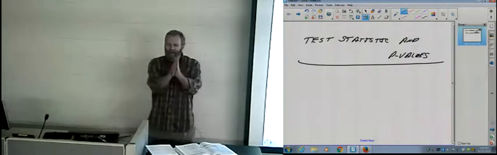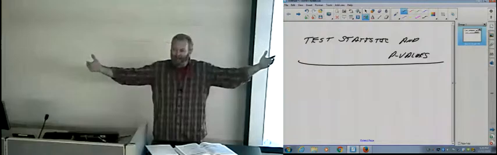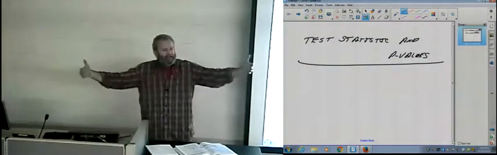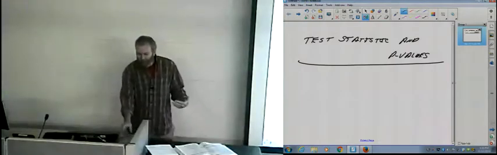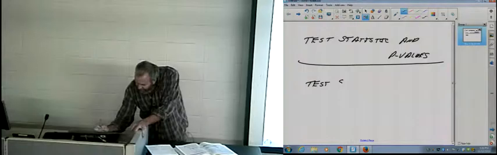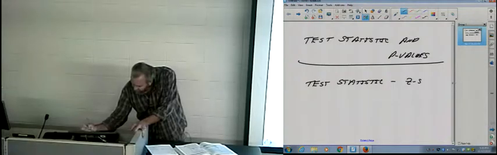So it's telling you where that sampling distribution is centered. This test statistic is telling you how far out the tail your x-bar is, how far away from that center it is. Again, as simple as I can make it, it's a z-score that we've already calculated. We know how to do that.